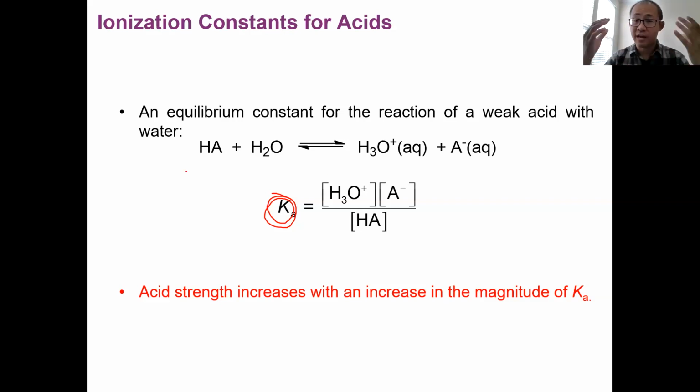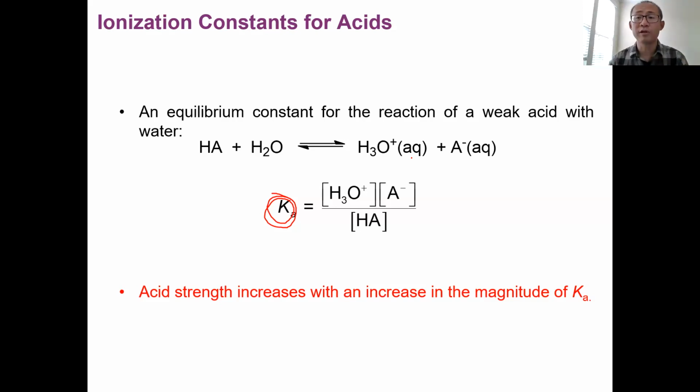Okay, again, take a look at the equation and what it means. We have seen this equation many times. How do we write the Ka for an acid? Product over reactant powered by the coefficient, do not include water. Now, if you have more products, then K will be bigger. More products means the reaction moves more forward, more ionization.